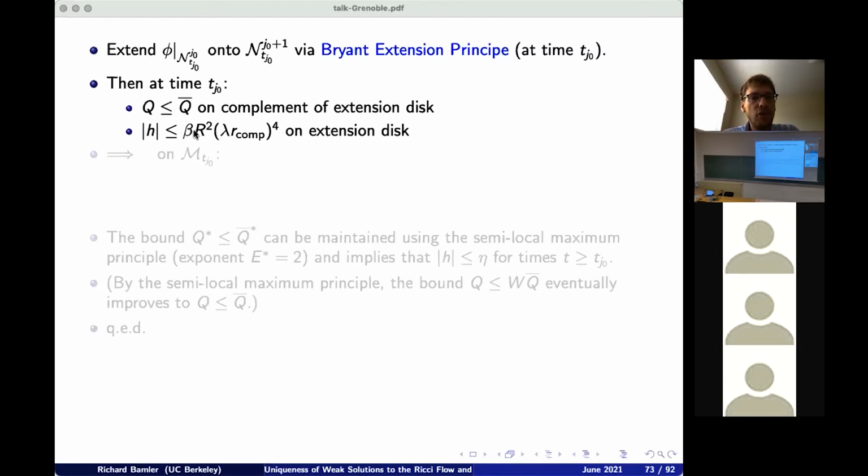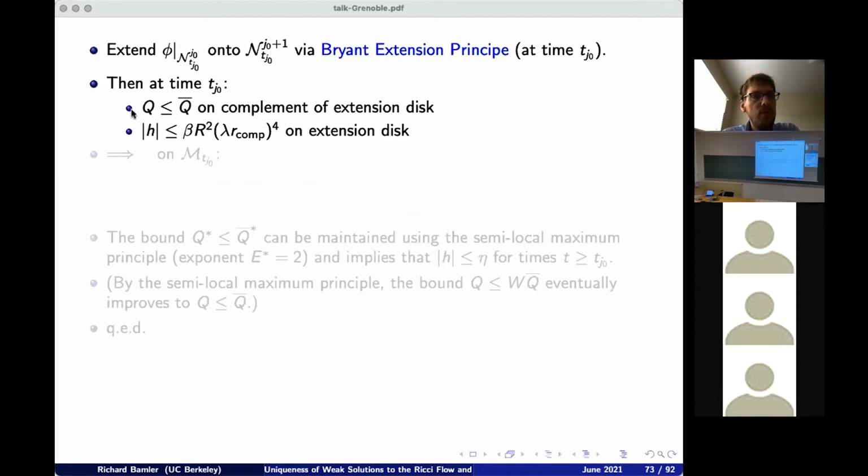And I'm going to choose these constants in such a way. I have a lambda times R comp. This just comes from rescaling. So this is essentially the scalar curvature modulo rescaling. In the previous slide, or 2 slides before, I assumed that the Bryant soliton was at scale 1, and now the Bryant soliton is at scale lambda times R comp.